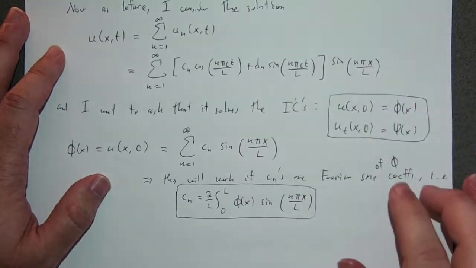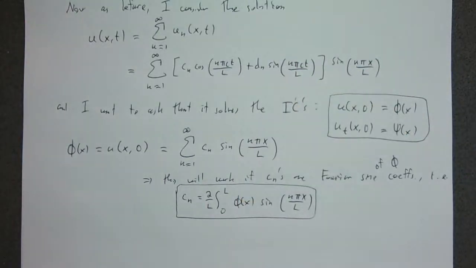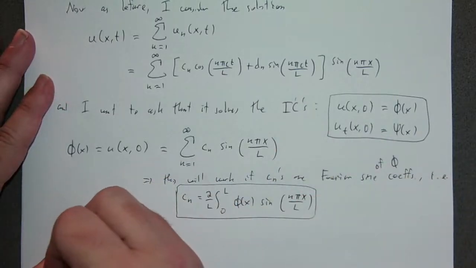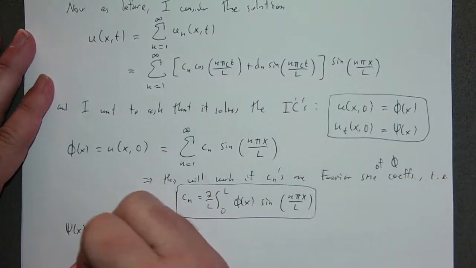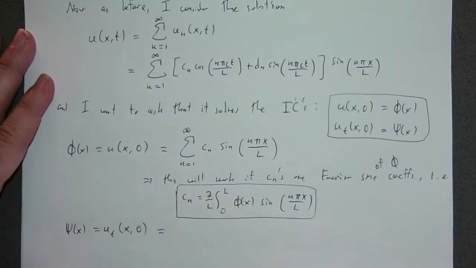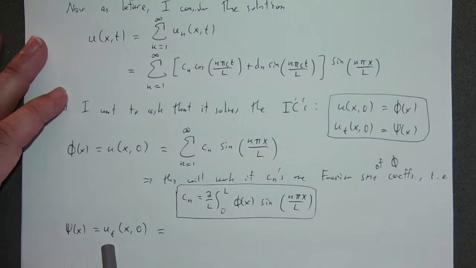And then I'm plugging in 0, so I am going to get a term here, right? So the other initial condition wants phi of x to be u sub t of x0.